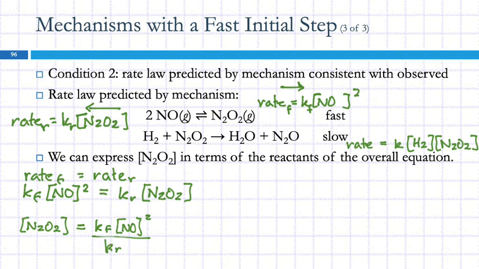So I can plug that into my equation over here. So there's that equation. I'm getting rid of this, so I'm going to replace that with this guy, because that's what it equals.